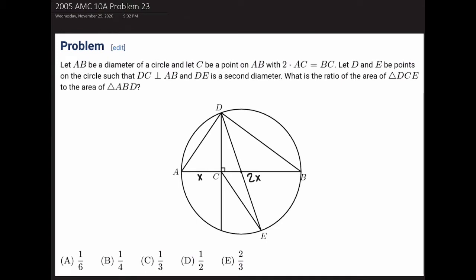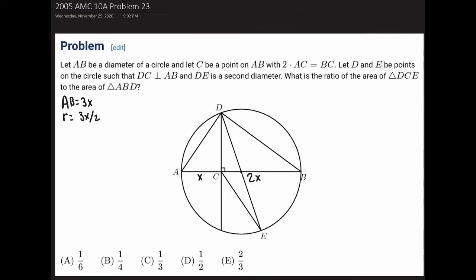It also says in the question, let AB be a diameter. So AB is a diameter, and so AB equals 3x. And if AB is 3x and it's a diameter, we know that the radius is going to be half of this diameter. So the radius r can be expressed as 3x over 2.